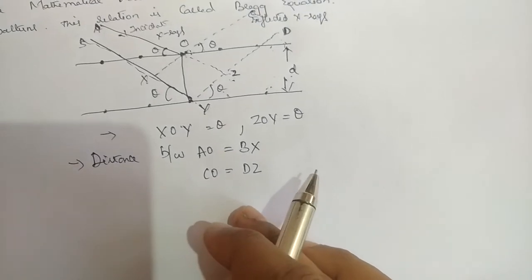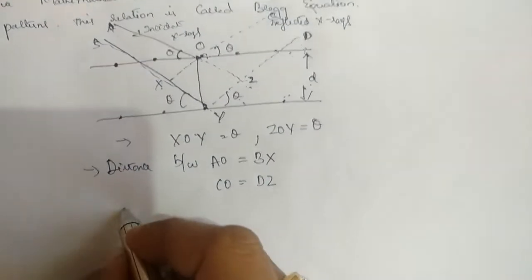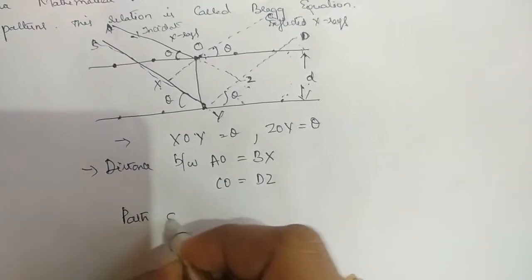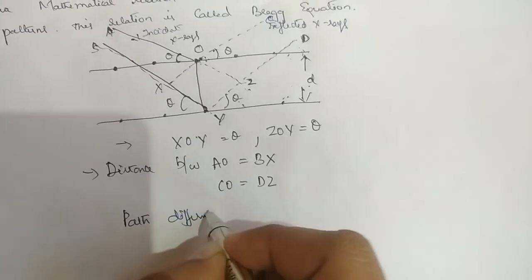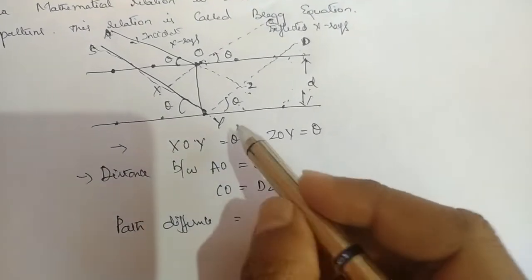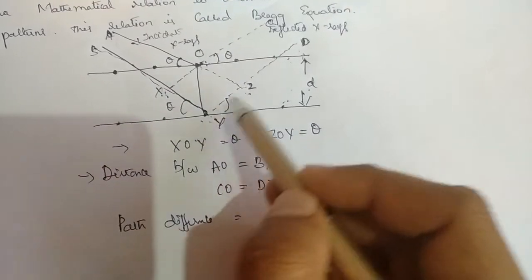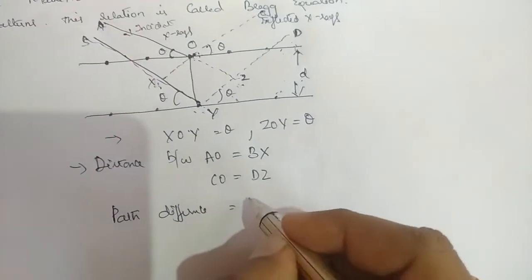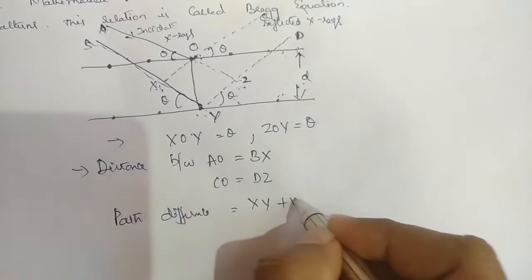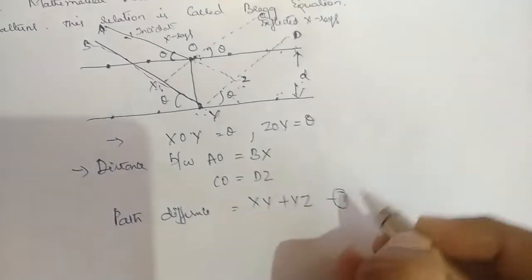Therefore, the path difference is XY plus YZ. This is the path difference. If you take XY plus YZ, I will call it equation 1.